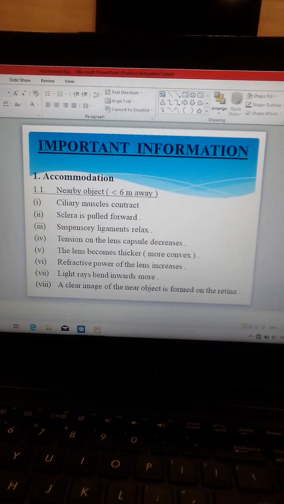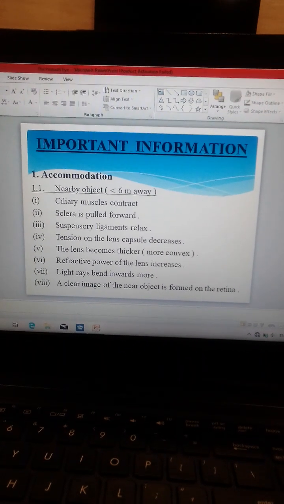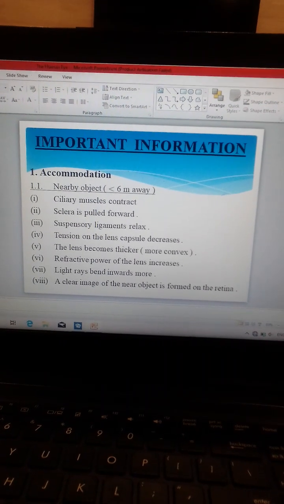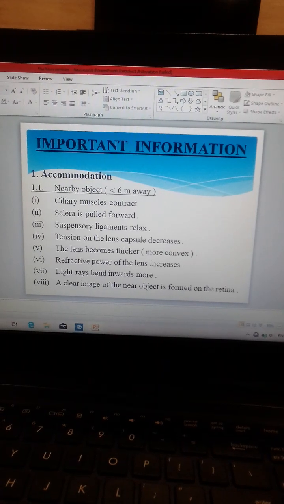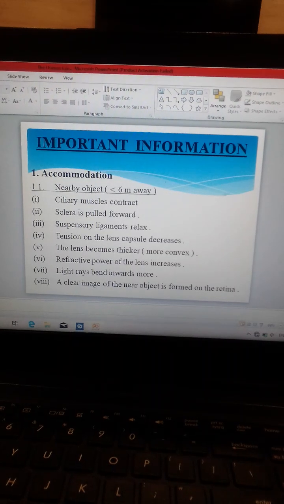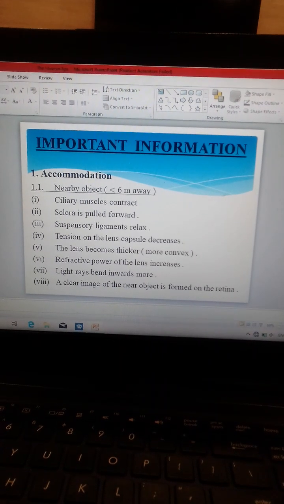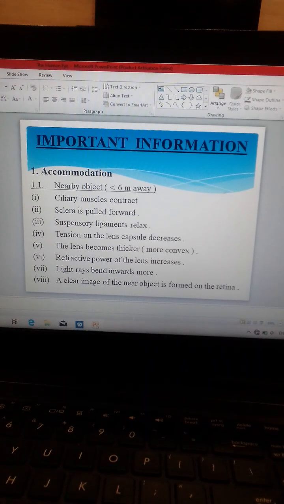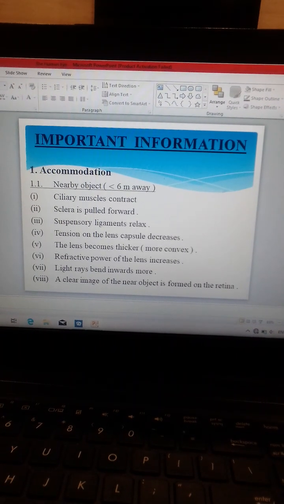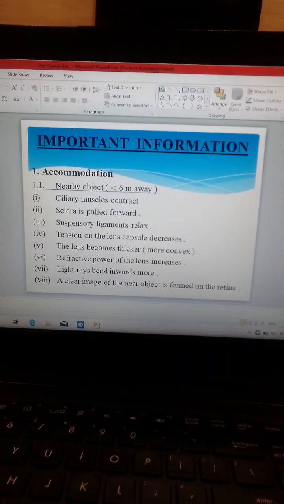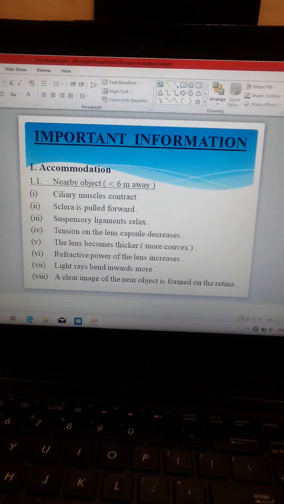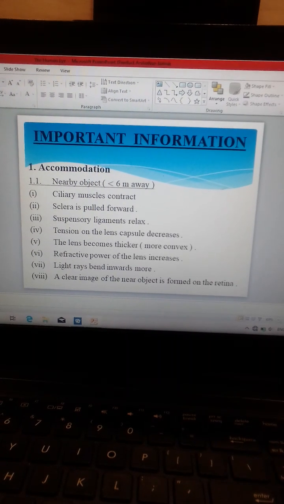When an object is nearby, the ciliary muscles contract, the sclera is pulled forward, the suspensory ligaments relax, tension on the lens capsule decreases, the lens becomes thicker or more convex, the refractive power of the lens increases, light rays bend inwards more, and a clear image of the near object is formed on the retina.